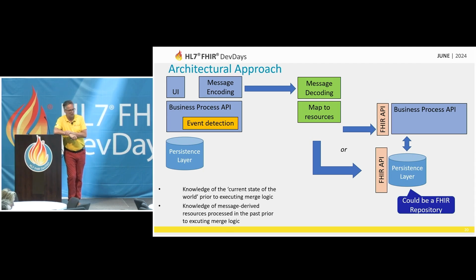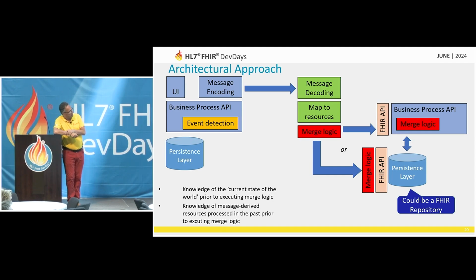So, given that, let's update our diagram again, because the key thing here tends to be this process, the merge logic. How are you going to merge the current data with the data that we have mapped from the HL7 version 2 messages?